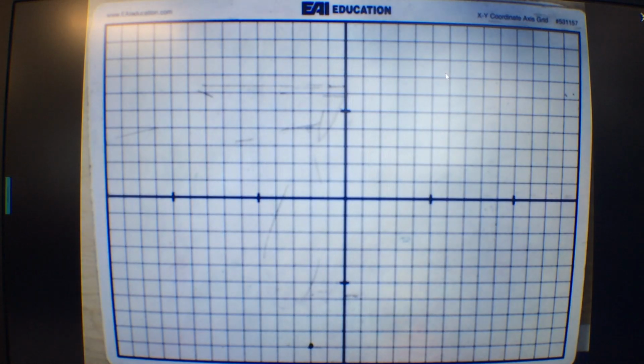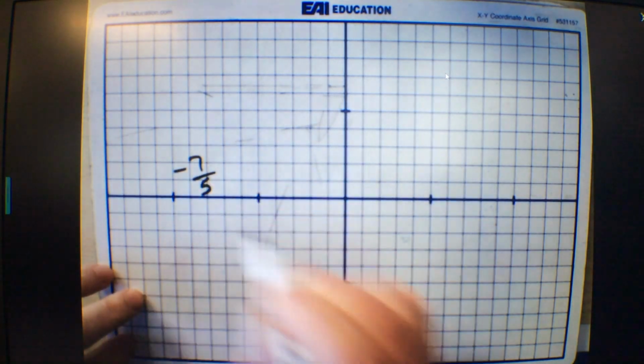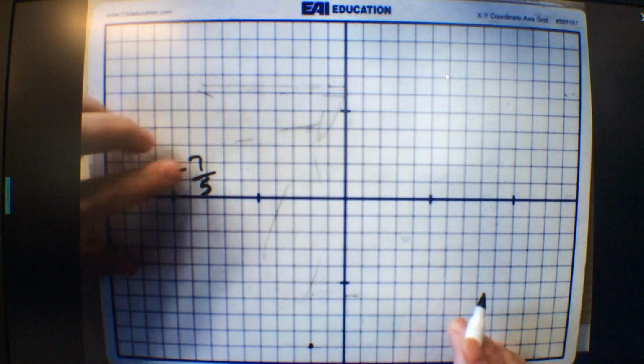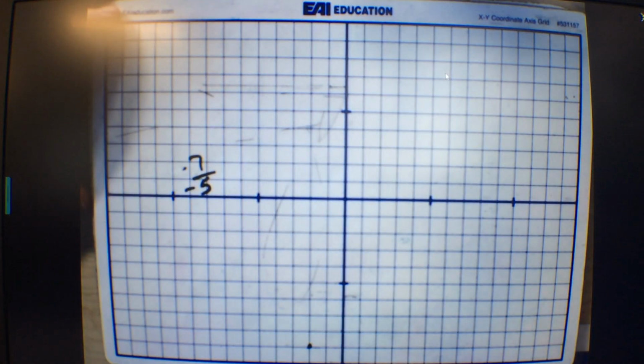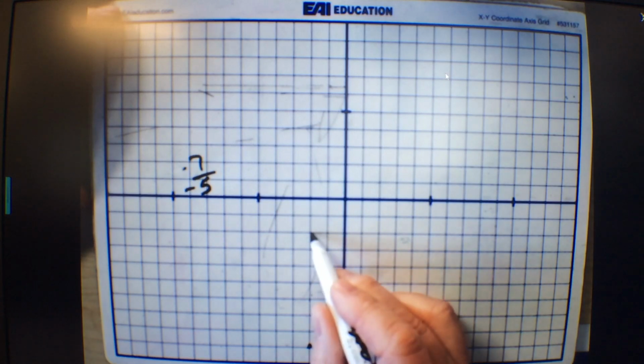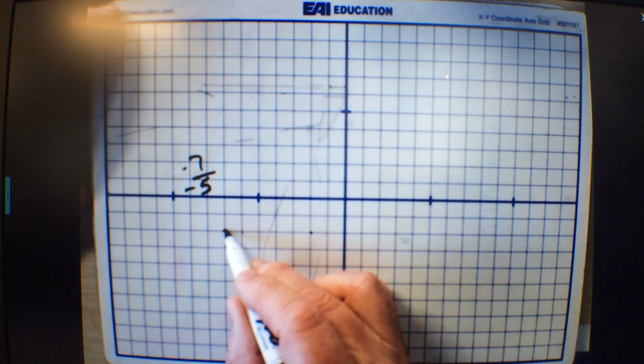If I can't go down, what do I do? The slope is -7/5. Can I move the negative to the 5? And so I can go up 7, 1, 2, 3, 4, 5, 6, 7, but then I go left 5, 1, 2, 3, 4, 5.